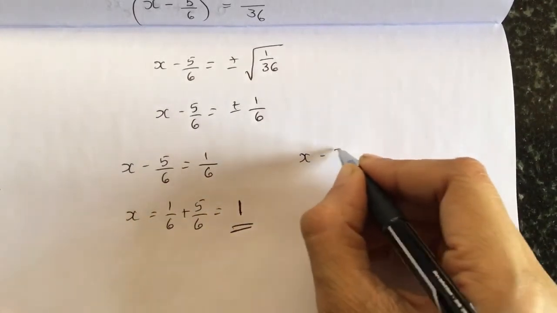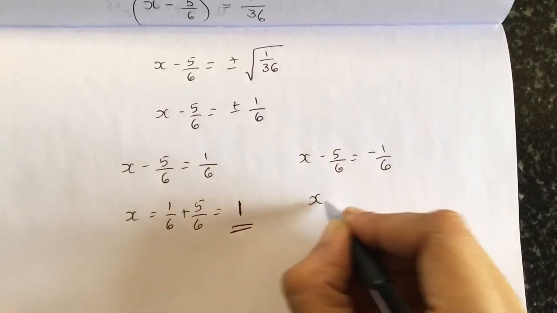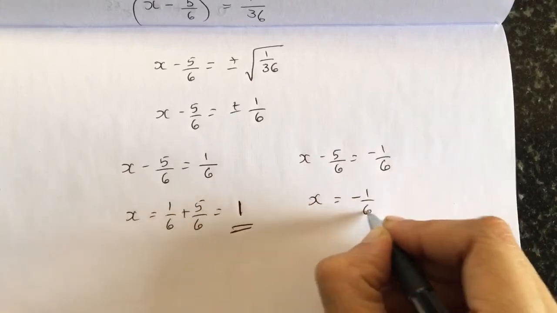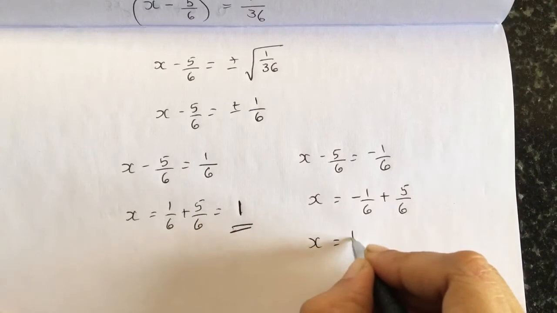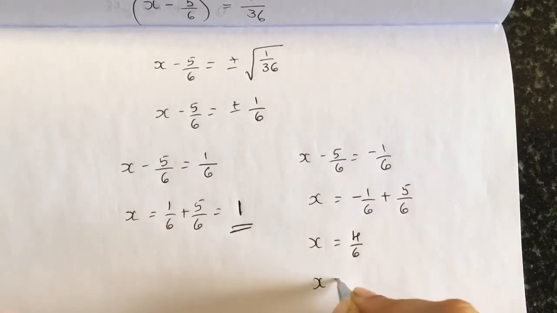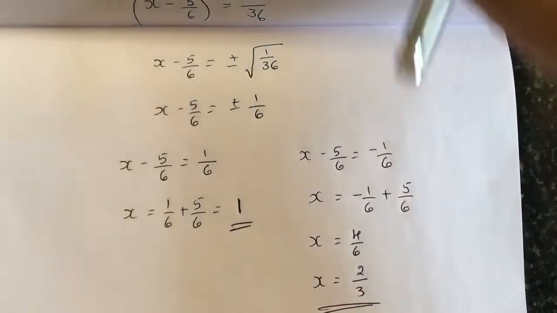And if you take the negative value, that is minus 1 by 6, then x equal to minus 1 by 6 plus 5 by 6. So x will be equal to 4 by 6, which is in turn 2 by 3. So same value we got.